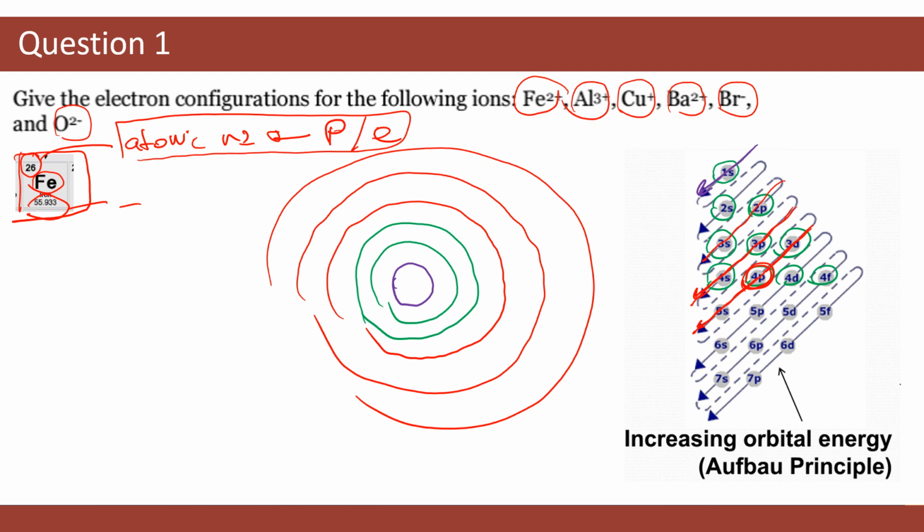This is 1S, this is 2S, this is 2p, then 3S, then we have 3p, then we have 4S. So 4S is staying in between here, before the 3D.